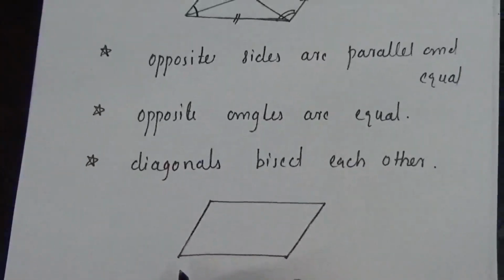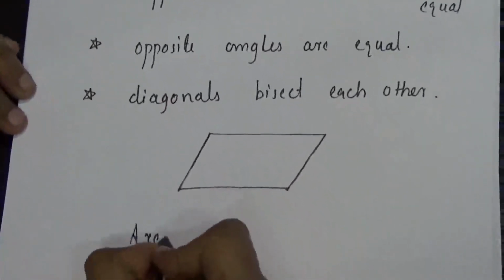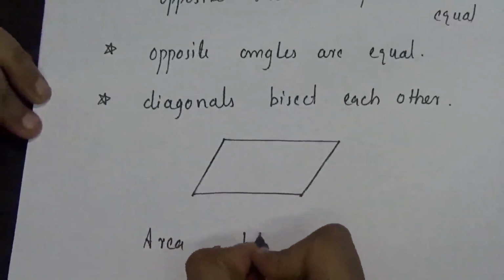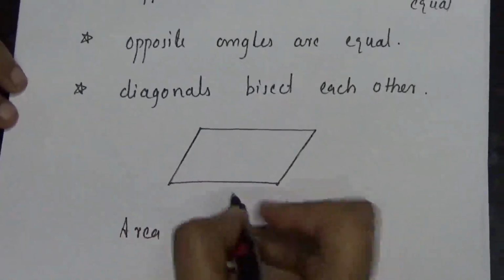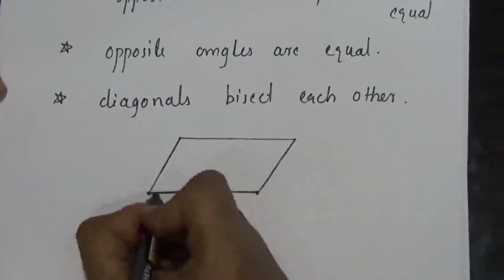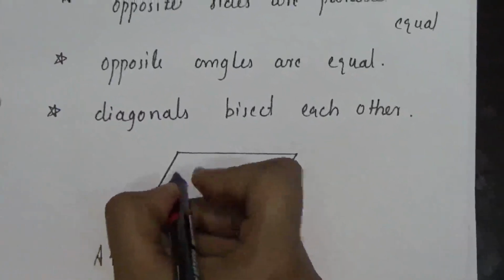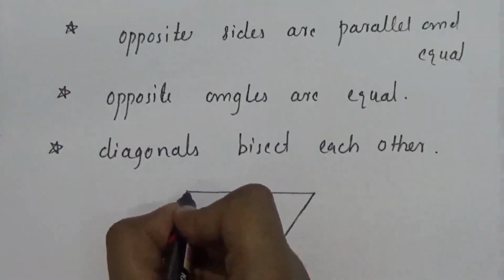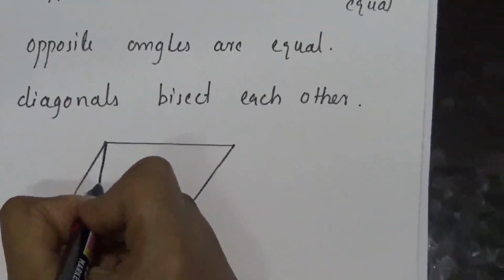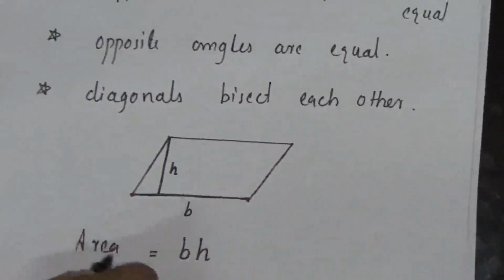Okay, so the area of the parallelogram, the formula is BH. Suppose this is the base, then H means the height, the distance from one vertex to its opposite side. So this is height. Area of parallelogram is equal to BH.